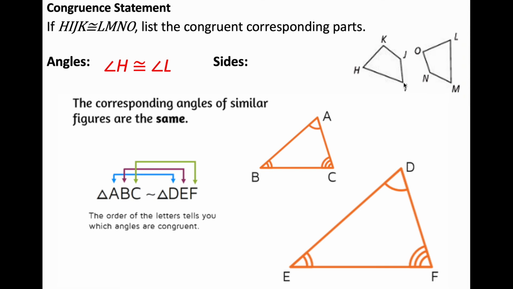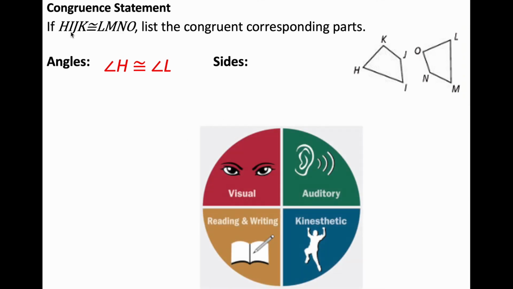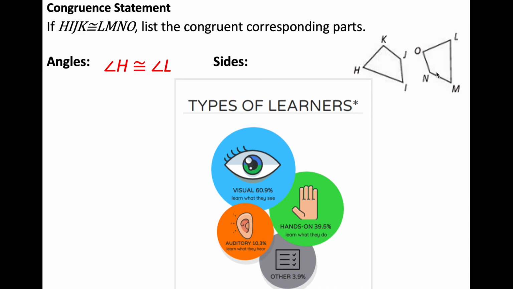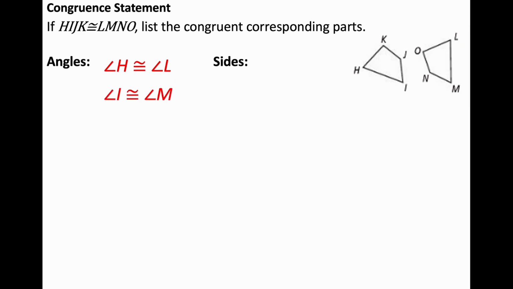HI is this one, and that may be like letter M. So not so hard with the figure, but I think it's always easier when I'm given the statement, I would just go with the statement. For me, it's quicker than looking at the figure over here, you can see that it's slightly turned. Angle I congruent to angle M.